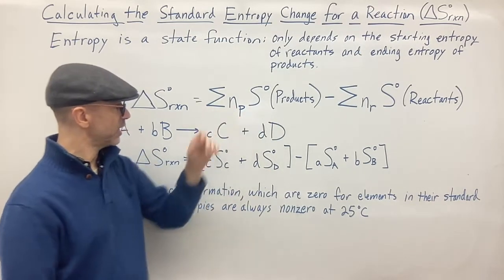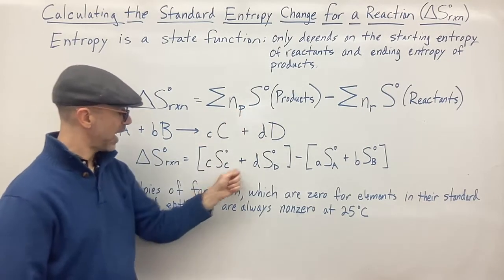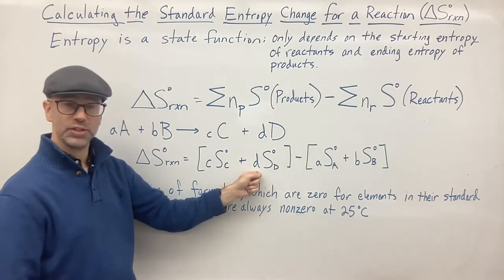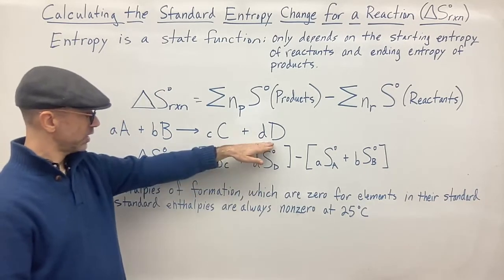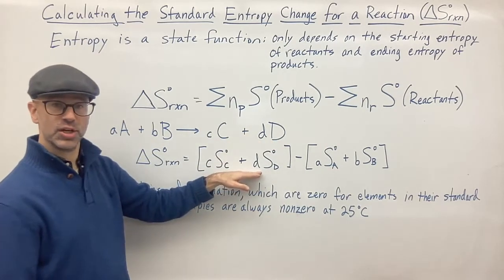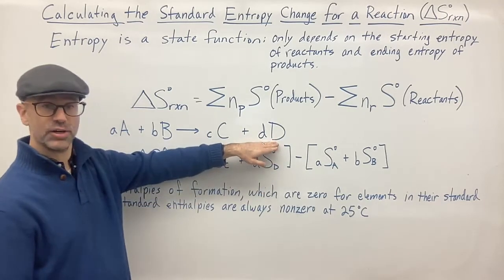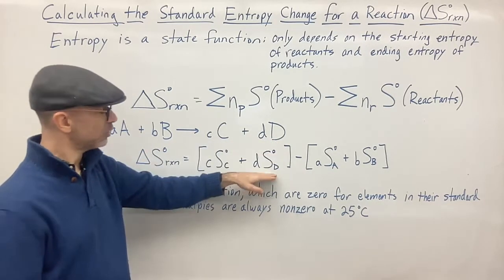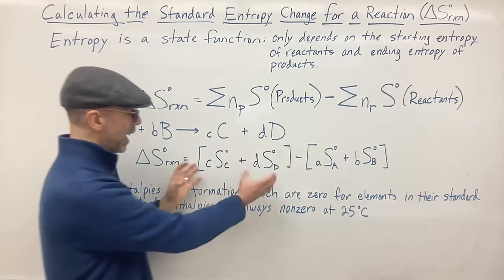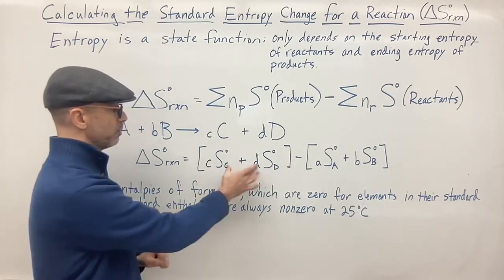Then the coefficient d for substance D, multiplied by the standard entropy of D. I look that up in my tables, and I multiply those together. And I'm adding these together for the total for my products.